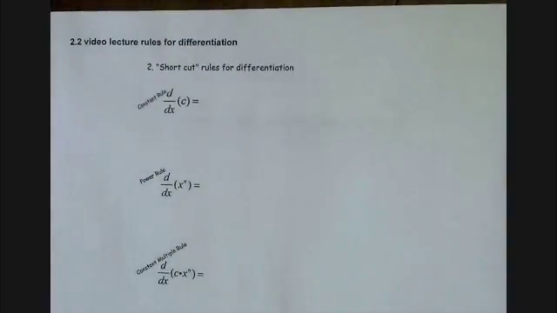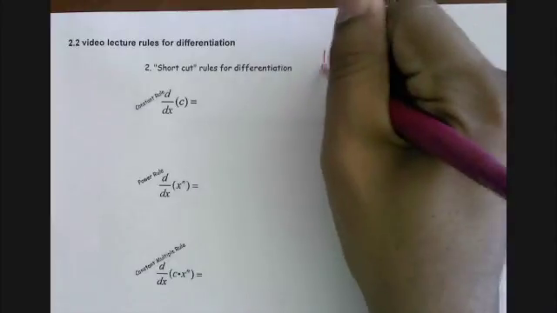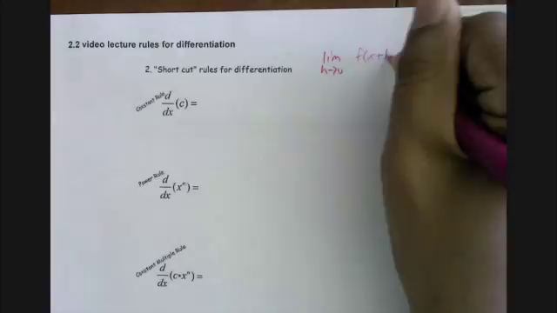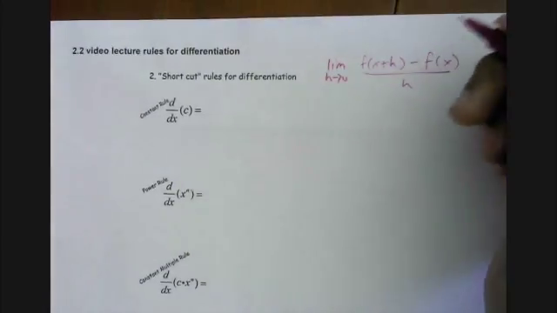There's going to be all these shortcut rules for differentiation, and you may remember that the derivative was given to us by this form, the limit as h approaches 0, of f of x plus h minus f of x over h.